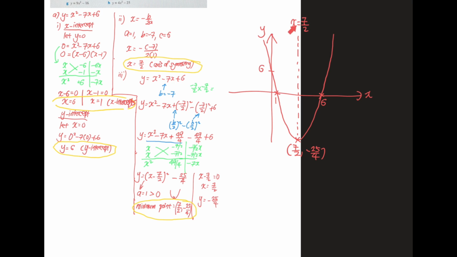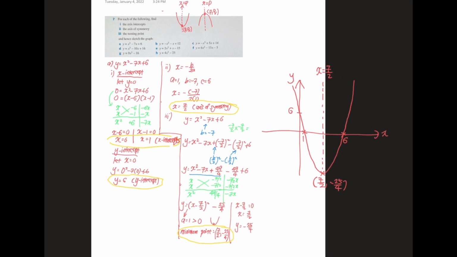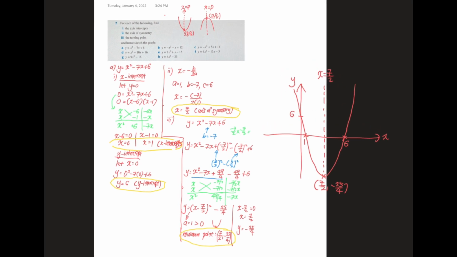So basically the axis of symmetry is a vertical line that makes the left hand side and right hand side of the graph the same, okay? Or to be the reflection of each other, or to be symmetric, in other words. So we settle the first question. Okay, now let's look at B then. Okay, B, minus x squared minus x plus 12.